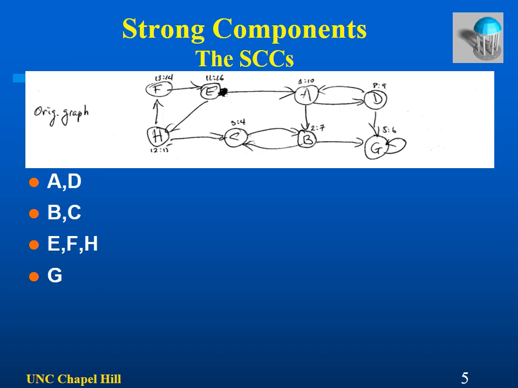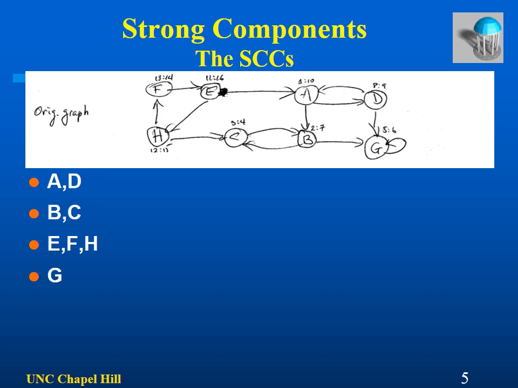To be concrete in this example, A and D are a strongly connected component. You can get back and forth between them. You can get off to B and G from them as well, but you can't get back to either A or D. Likewise, B and C form a nice little strongly connected component.